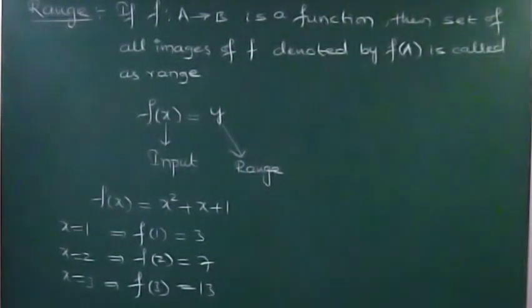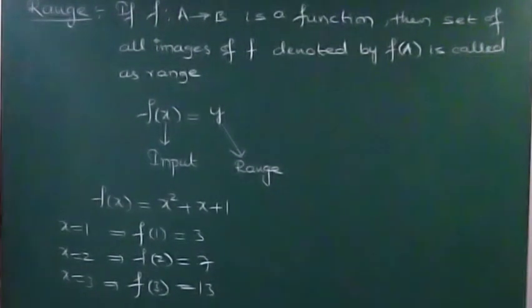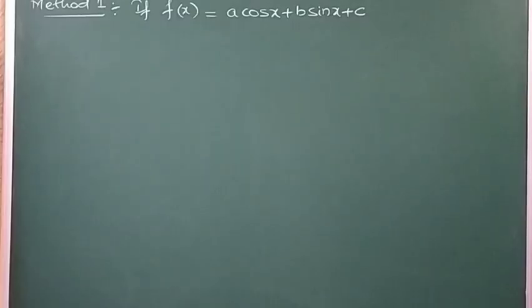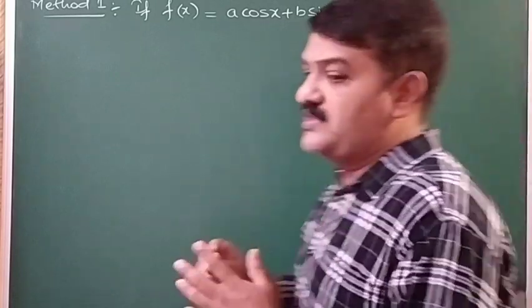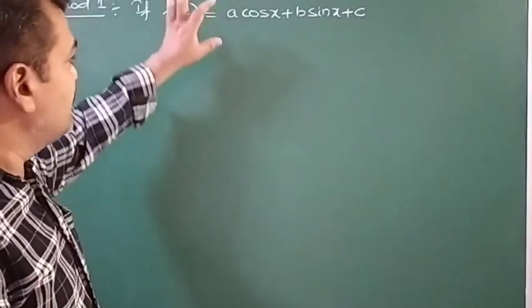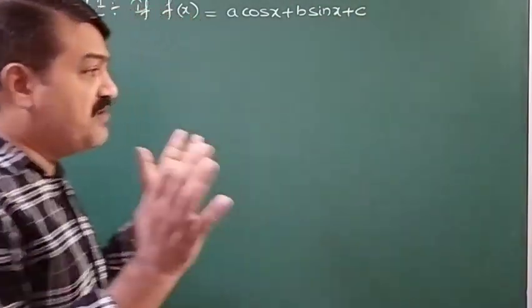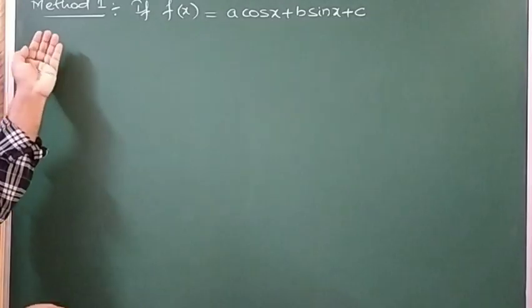Now let us see the procedures which we follow to find the range of particular functions. Now let us see some standard methods, for whenever we have some standard functions, how to find the range of those particular functions. This is the first method.